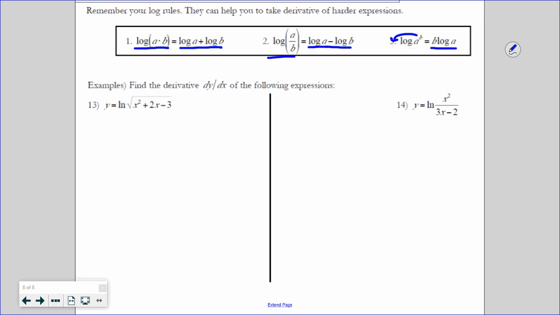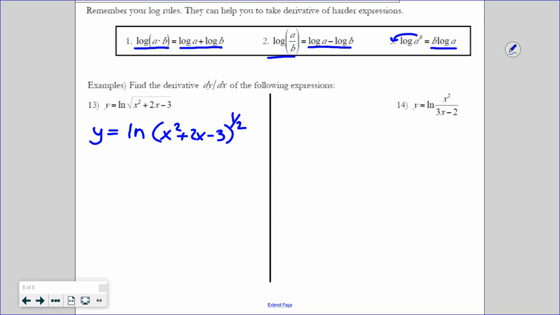Okay, so first of all, in example 13, anytime you have a radical, no matter what rule you're using to find the derivative, always convert it to a fractional exponent. So the first thing I have to do here is rewrite this as y equals natural log of x squared plus 2x minus 3 raised to the 1/2 power.